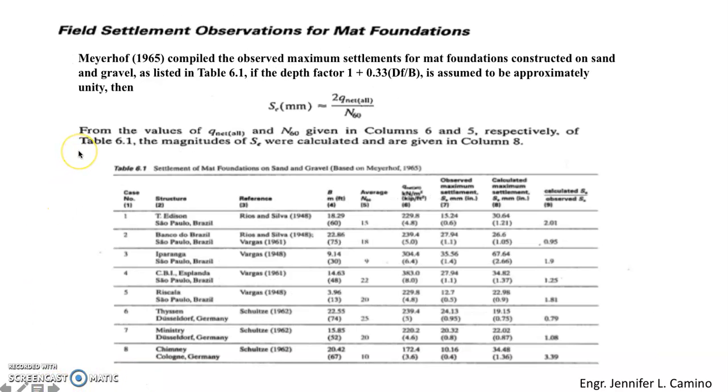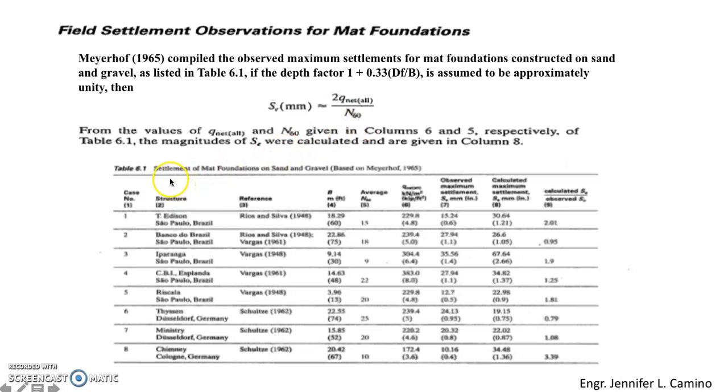For the field settlement observation for mat foundation, according to Meyerhof, we assume that the field settlement of observation for mat foundation is given by this equation. That is 2 times the net allowable bearing capacity all over the N sub 60. Of course, N sub 60 is the standard penetration resistance values.